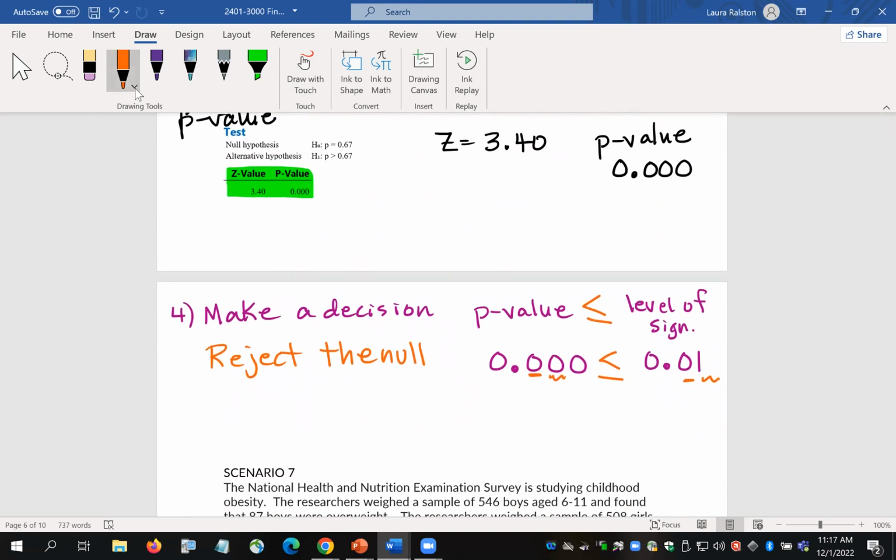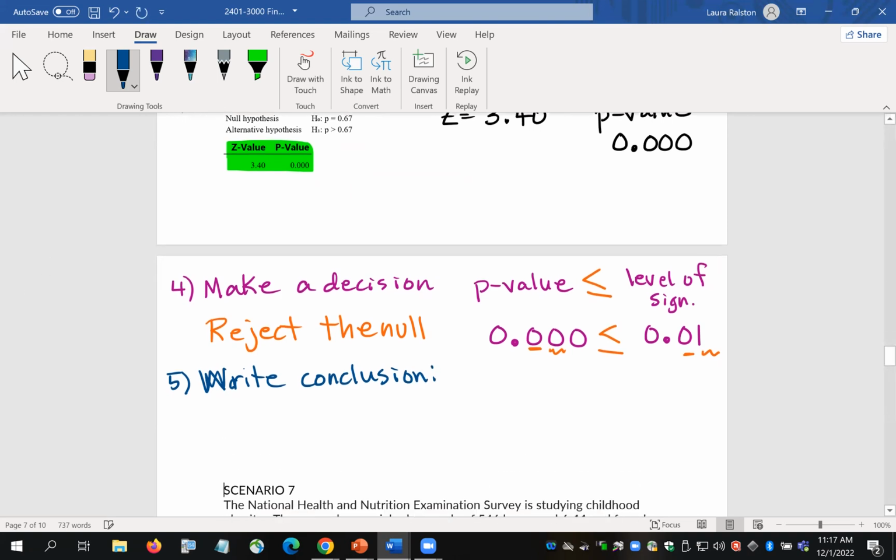And so in my last step, we're going to write the conclusion. Remember that your conclusion always includes your level of significance.